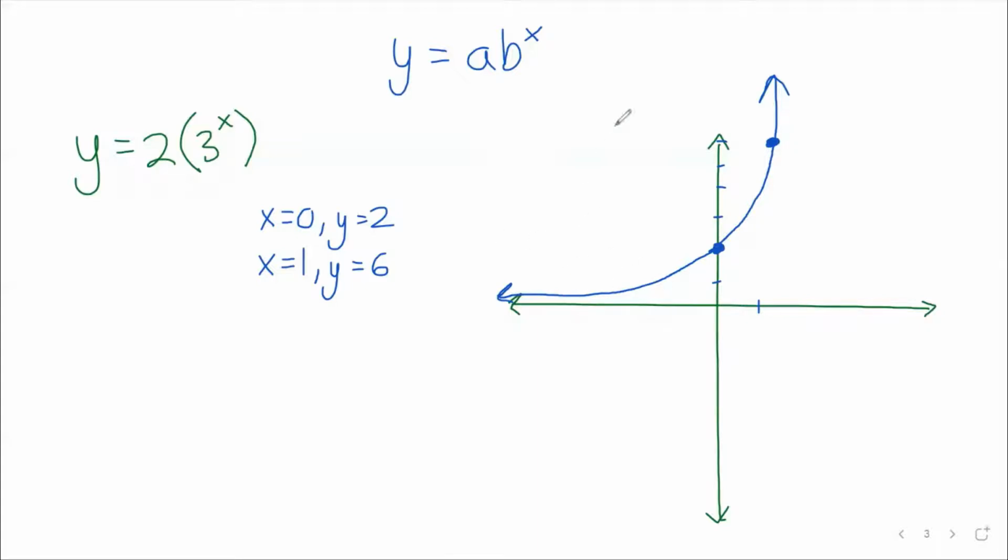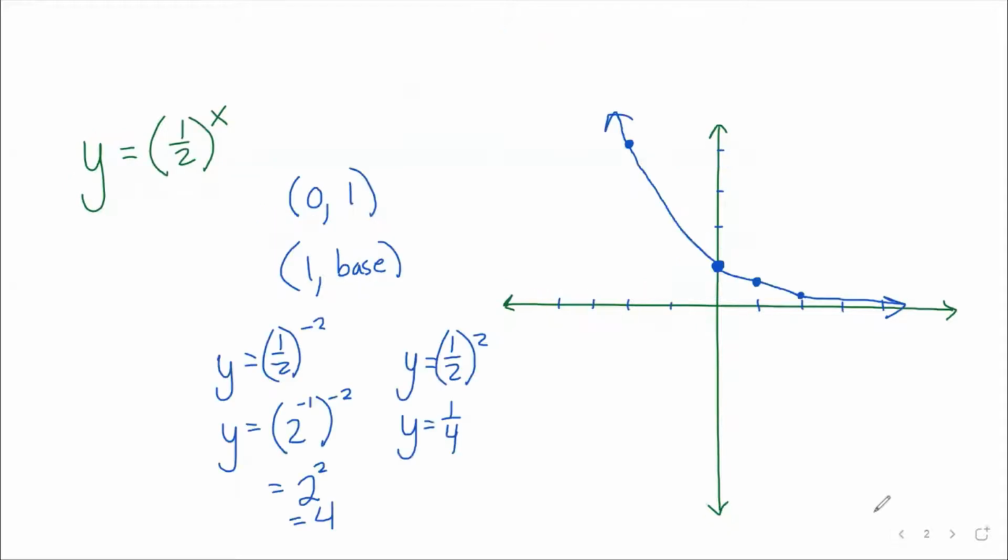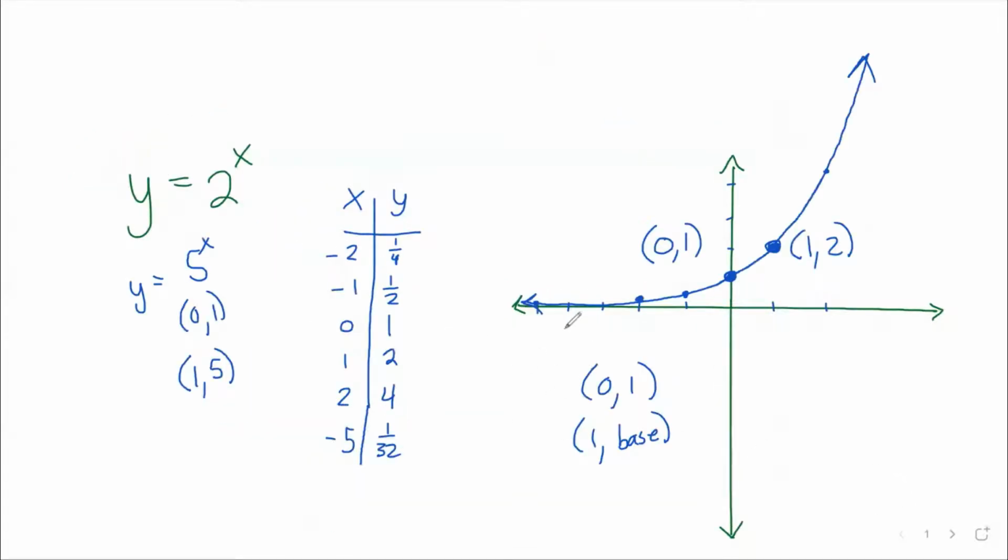Now, one thing that we really should talk about here, and probably should have included in these last couple, so I'll go back there. I mentioned here we can see that this graph doesn't actually cross or even touch the x-axis at any point. And if we think about this for a second, 2 to the x power, could we ever get that to equal 0 or equal a negative?